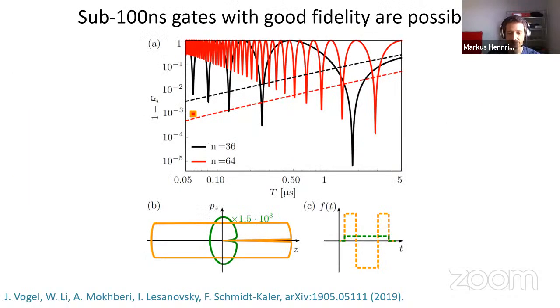The group of Ferdinand has also calculated what fidelities they expect from such sequences, using different pulse sequences, also with some spin echo techniques. They can actually achieve errors significantly below 10 to the minus 2, also here limited by the lifetime.